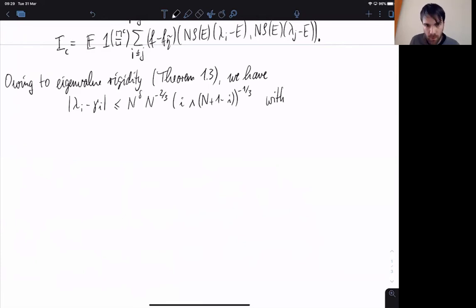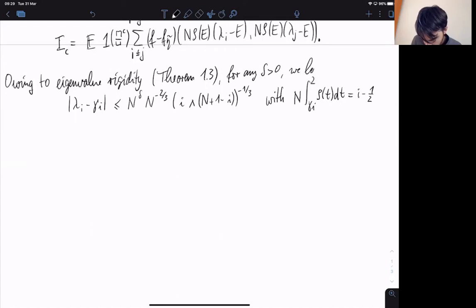And yeah, the gammas were defined as the quantiles of the semicircle density. For any delta, we have this with very high probability.